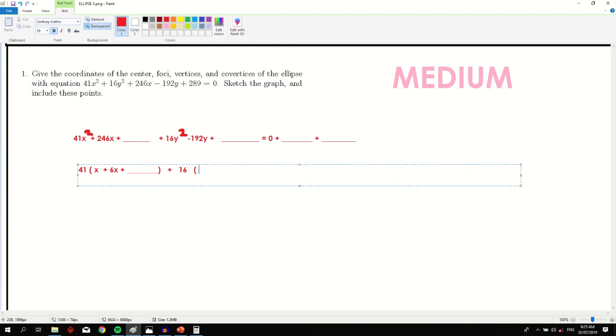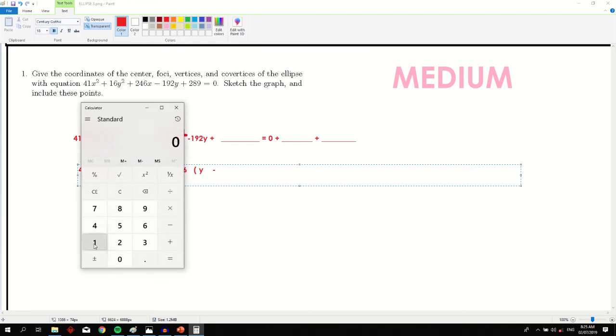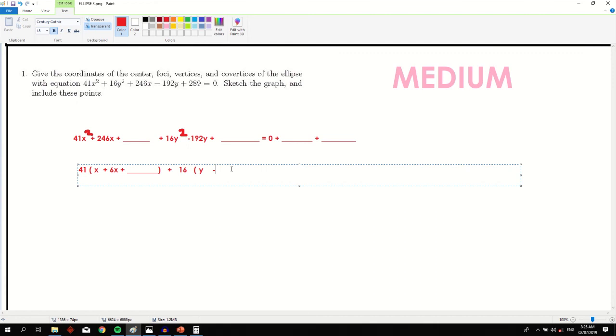So 16y squared minus, what is 192 divided by 16? 192 divided by 16 is equal to 12. So 12y plus, we don't know this one still, so equals to 0 plus blank plus blank.